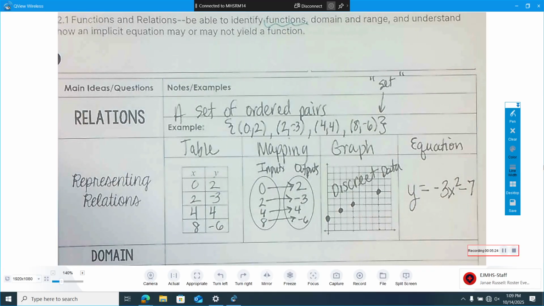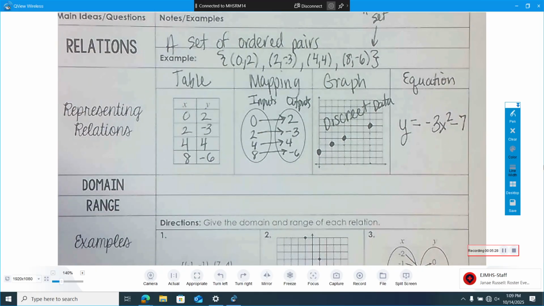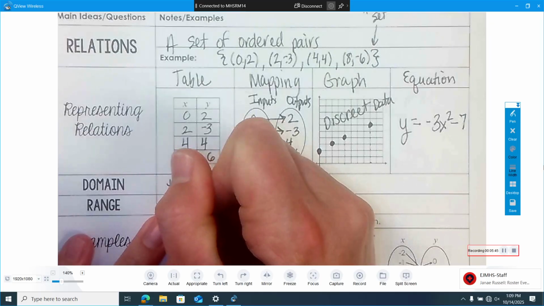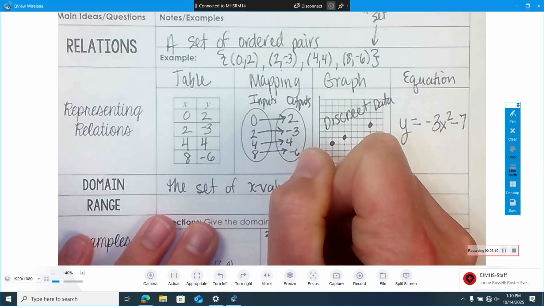Okay, so domain is what? Domain is the set of x values.